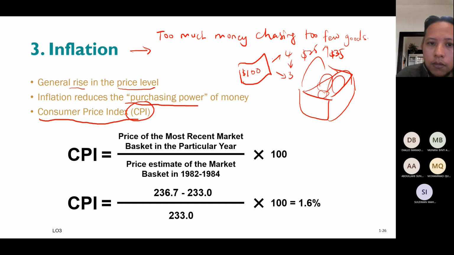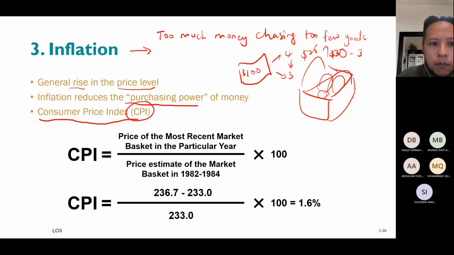With that same 100, you cannot buy four anymore. Actually, 35 is too much, you can't even buy three. Maybe 30. So now the price increased to 30, and you can only buy three items.